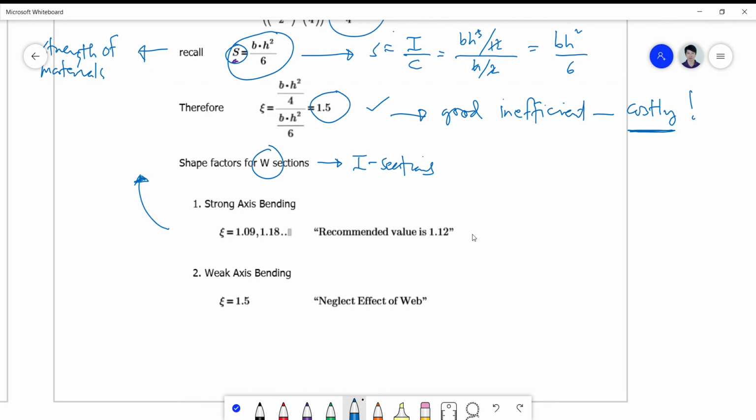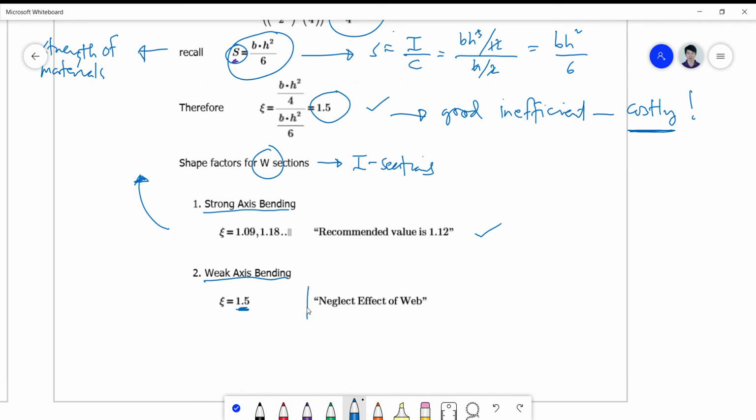We can come up with an average or recommended value of the shape factor equivalent to 1.12. Okay, and that is for strong axis bending. For weak axis bending, you have 1.5.